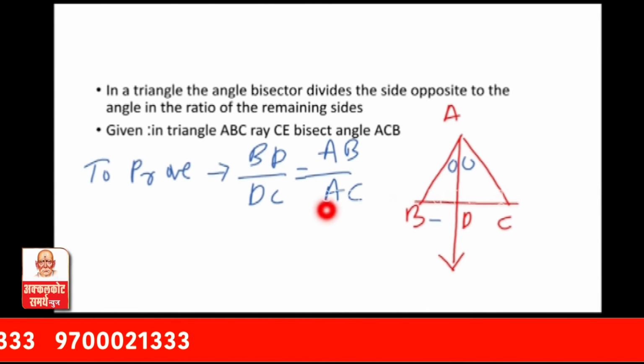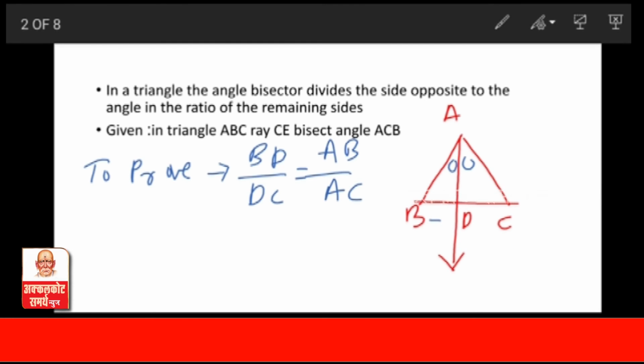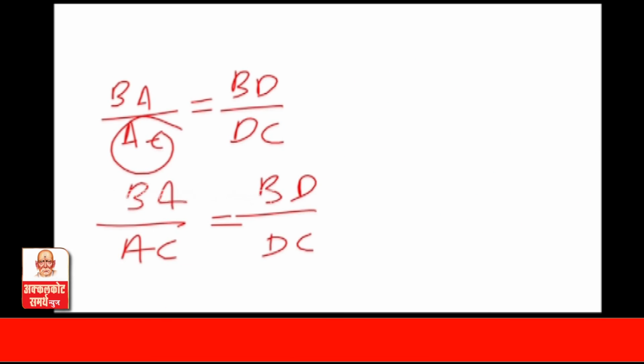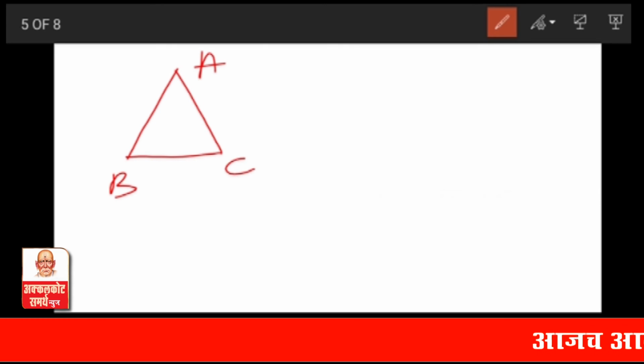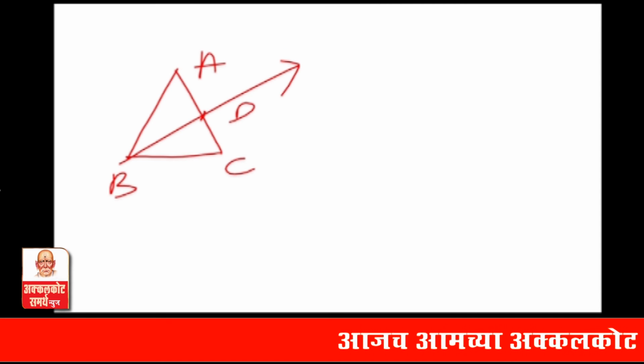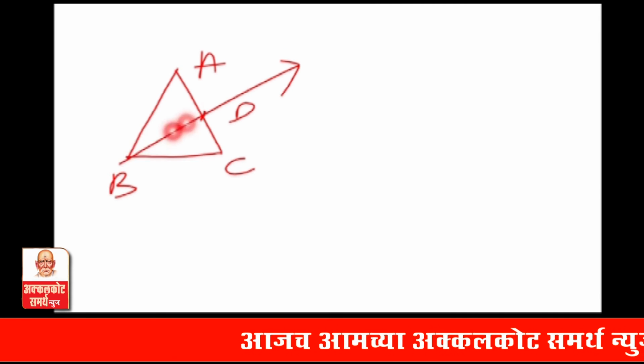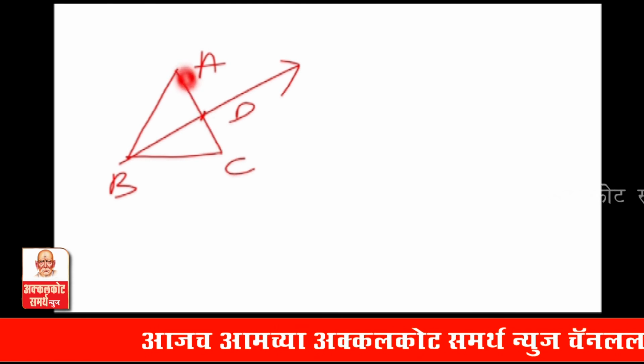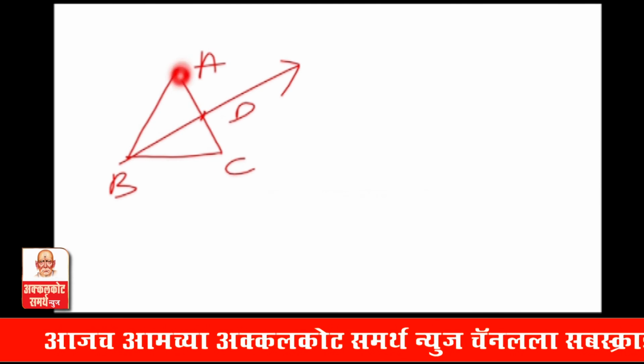Meaning in one triangle, if an angle bisector is there, then this over this is equal to this over this, we can tell. Or see, here you can take certain situations also. They may give the triangle in a different position. Suppose this triangle is here, ABC, and now BD is an angle bisector. Then how will you use this property here? This is a bisector. It is bisecting this angle as well as intersecting this side.